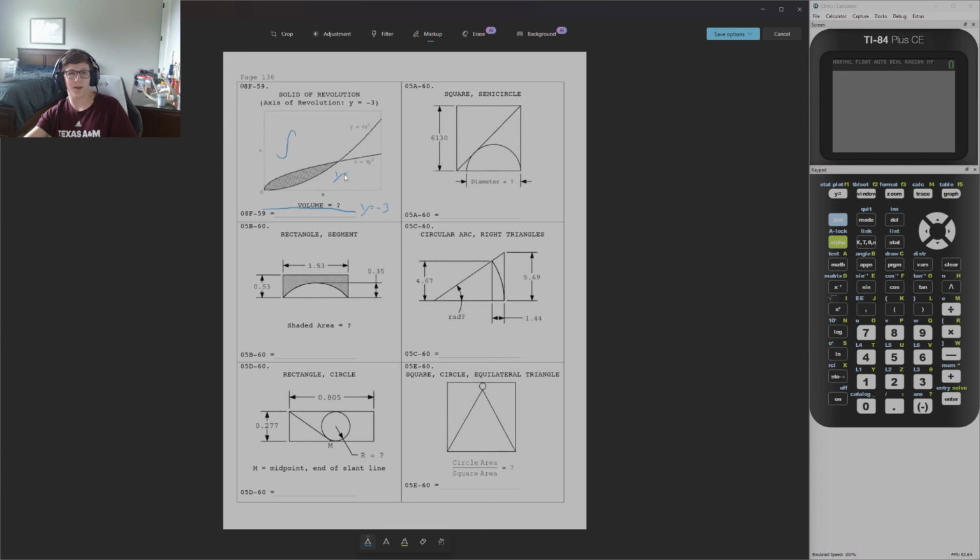I'm not going to show the steps, but if you have 4y squared, the first thing you do is divide by 4. So you get x over 4 equals y squared, and then you just take the square root. So you end up with the square root of x over 4 for this line right here. And that is our upper bound, as you can tell. So that's our big R.